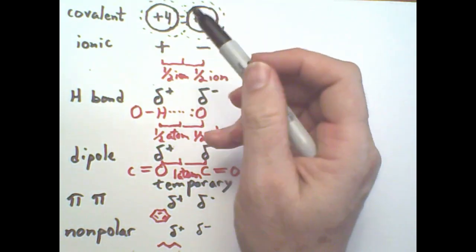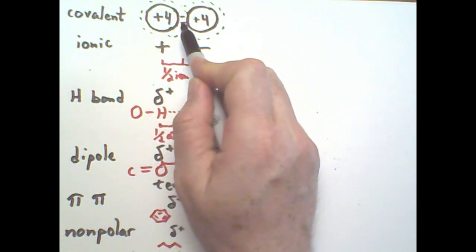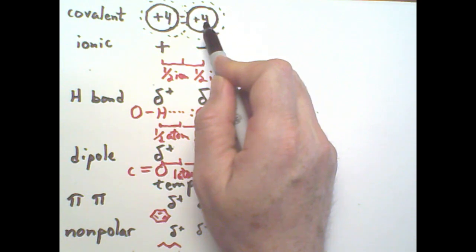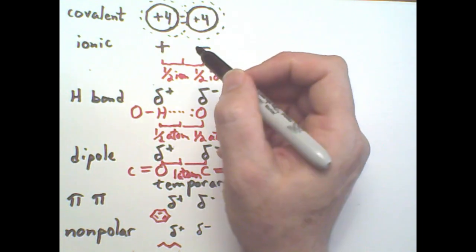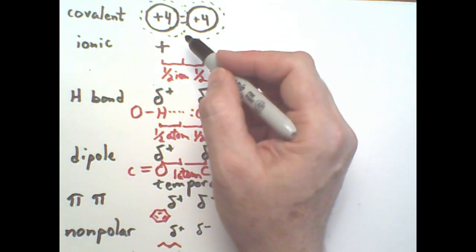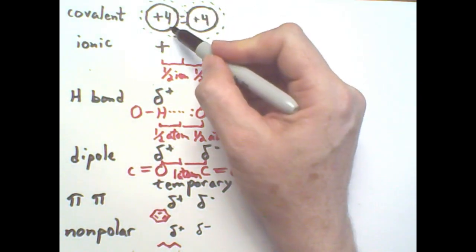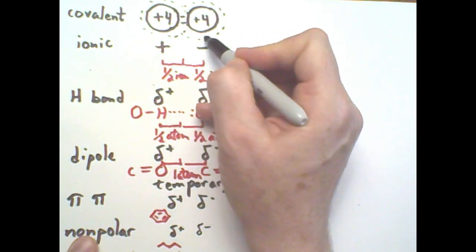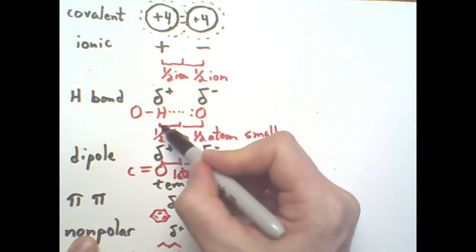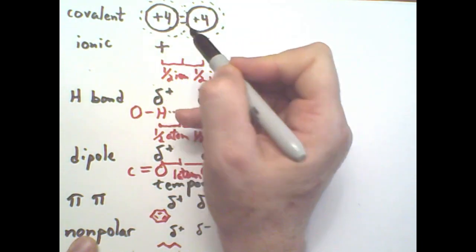And you can see in this case, we've got a +4 attracted to a -2, attracted to another +4, and the distance between them is very small. The distance between them is less than 2 half atoms touching, because these 2 half atoms actually overlap.